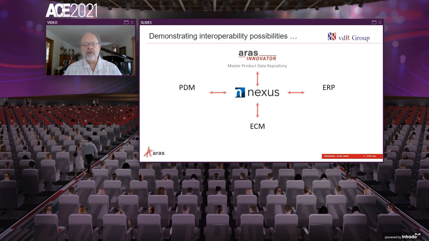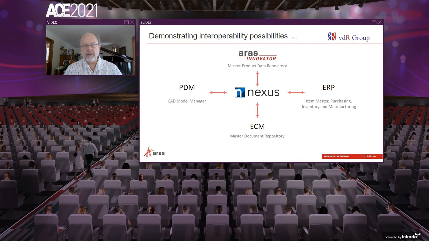So in this illustration, we show Aras representing the master product data repository. On the left-hand side, we show the fact that there are, in many instances, a PDM solution of sorts, a CAD modeling manager, if you will. Needless to say, ERP is pervasive in engineering manufacturing companies, as in many companies, right? It's the financial end of the business.